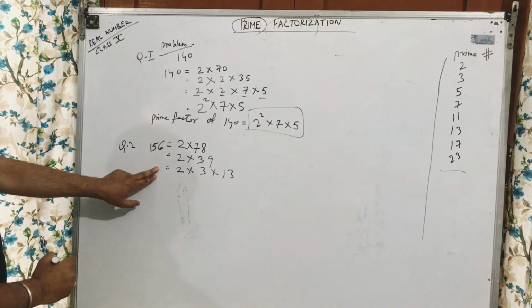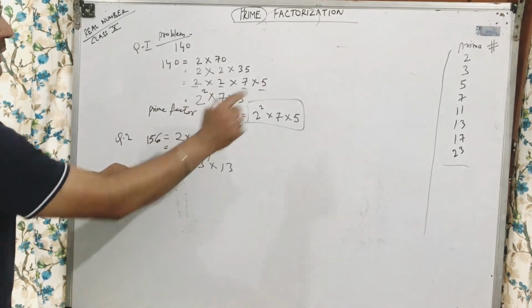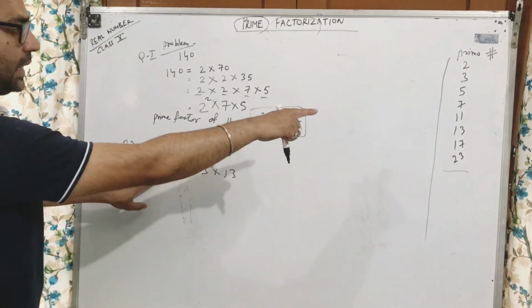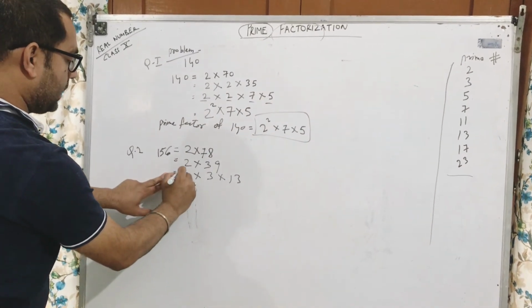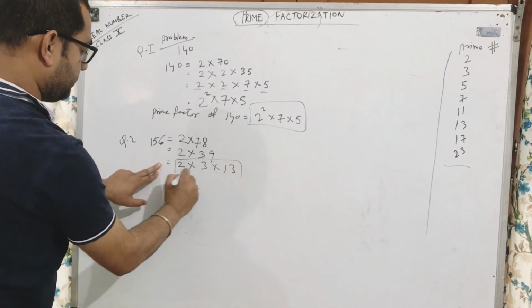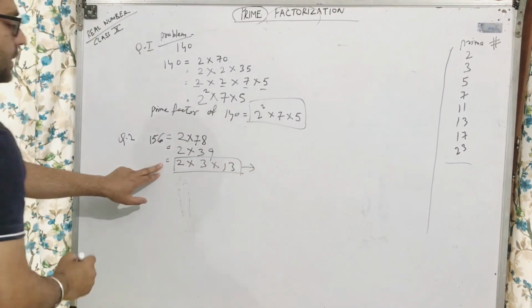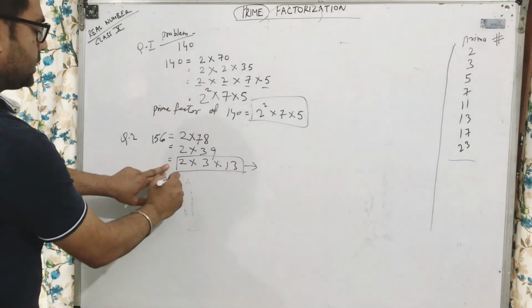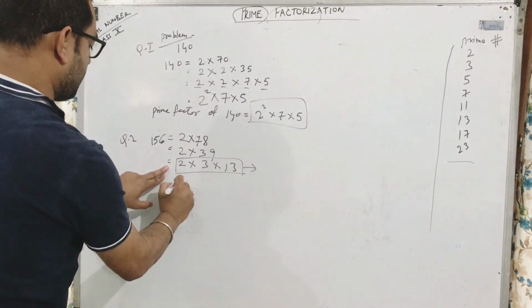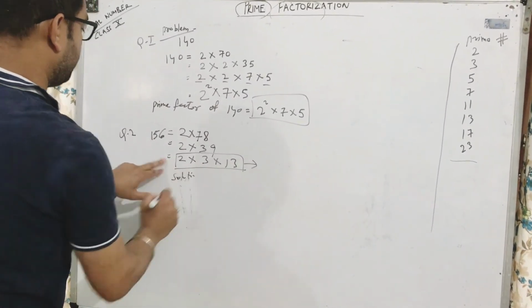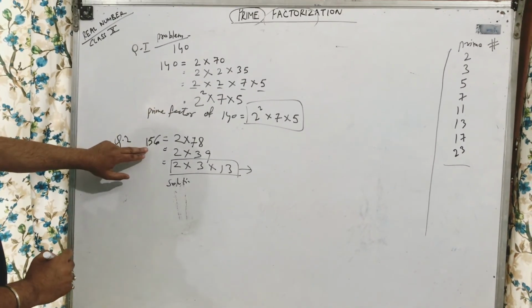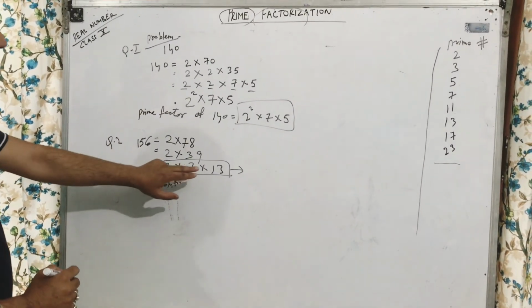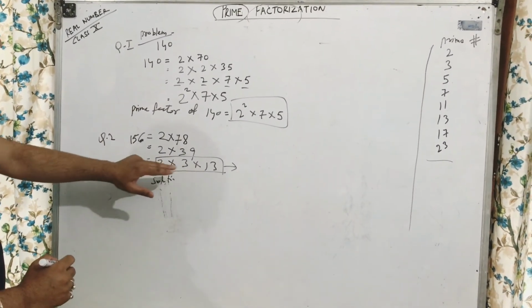Now we can see 2 is a prime number, 3 is again a prime number, 13 is again a prime number. So all these factors are prime numbers. So this is the solution. The factors of 156 are 2, 3 and 13, and all these factors are prime numbers.